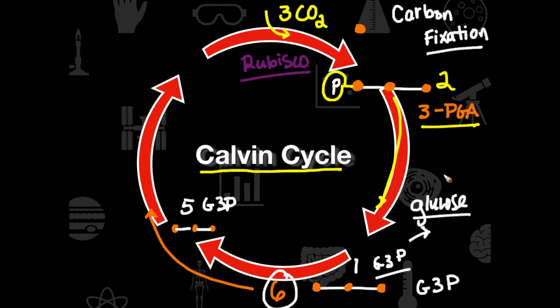Now this entire process is going to require energy. So throughout this cycle, we're converting ATP into ADP. And then we're also taking NADPH and we're converting it into NADP+.